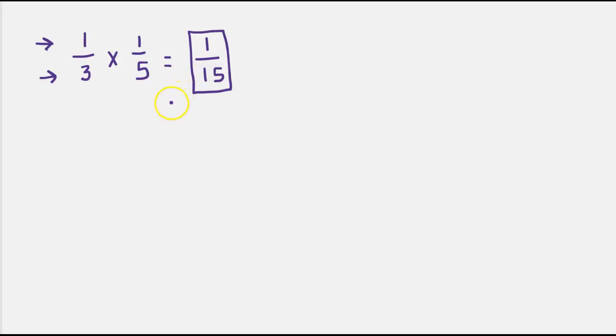But it can be a little bit tricky when you have a word problem. So let's look at a word problem. I'm just going to read one out loud and then talk through how to solve it.